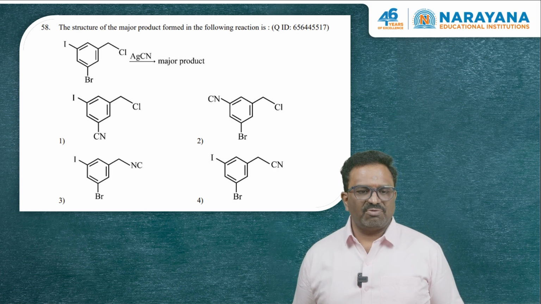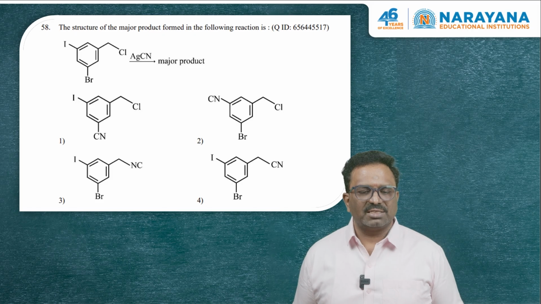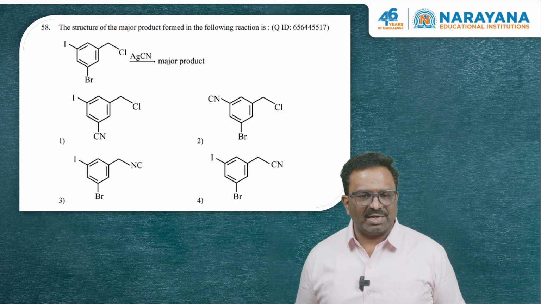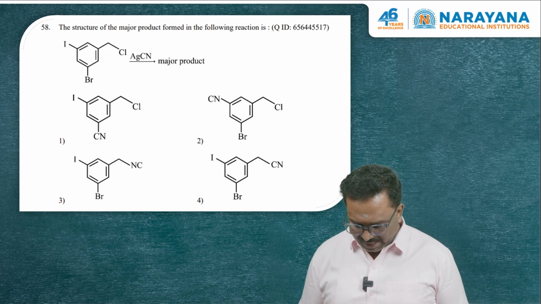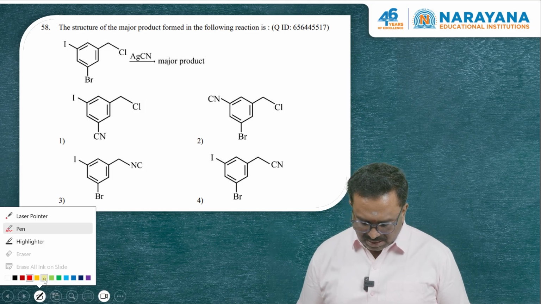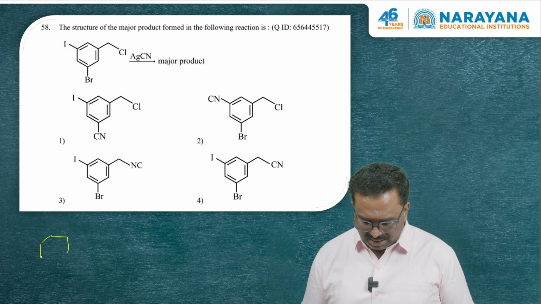That means nucleophilic aromatic substitutions take place only in specific conditions. Alkyl halides can exhibit nucleophilic substitution relatively more easily. So in that regard, it is very clear the reaction happens at the alkyl part of the given molecule.